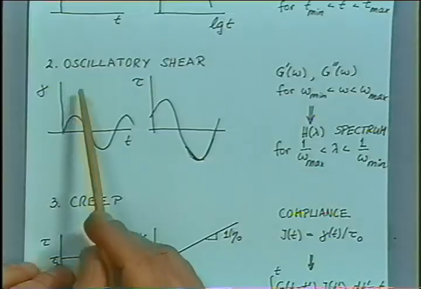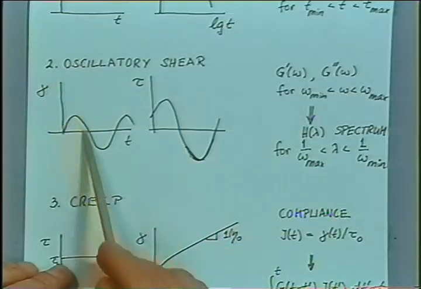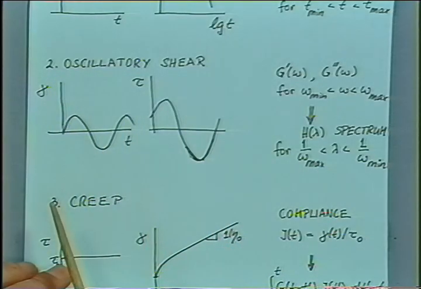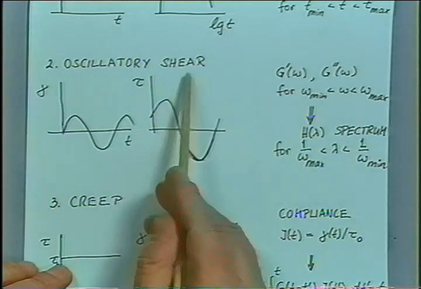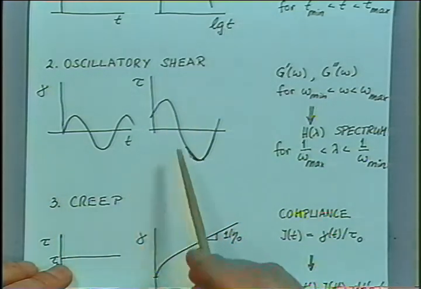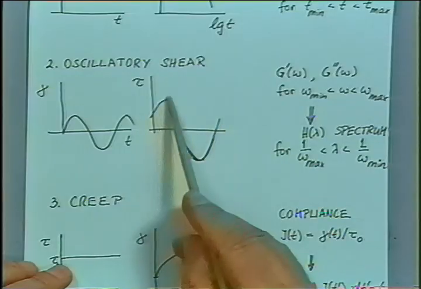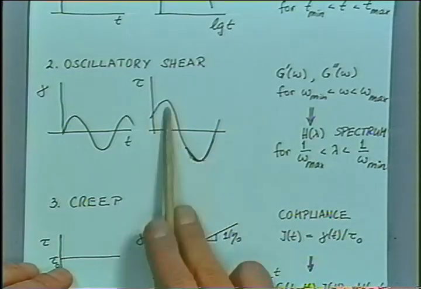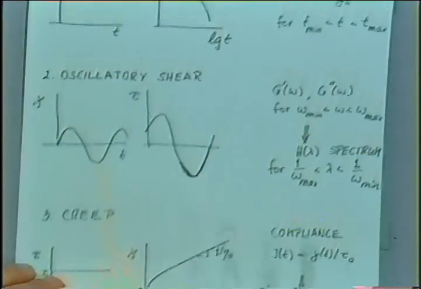The next candidate is oscillatory shear, where a sinusoidal strain is inputted in the material. It's mostly shear because that's easiest to verify. The stress response is measured. It's also sinusoidal with the same period as the input.